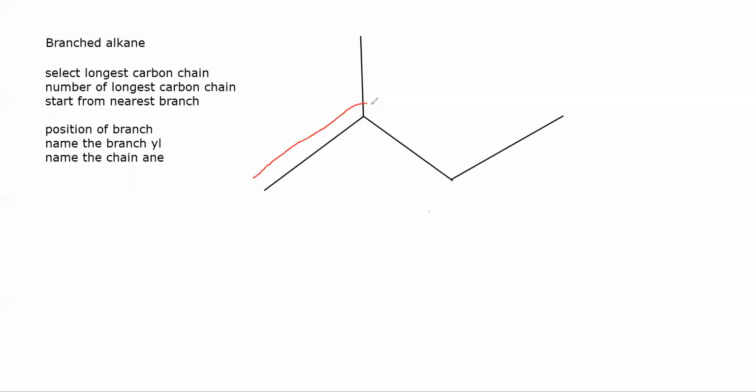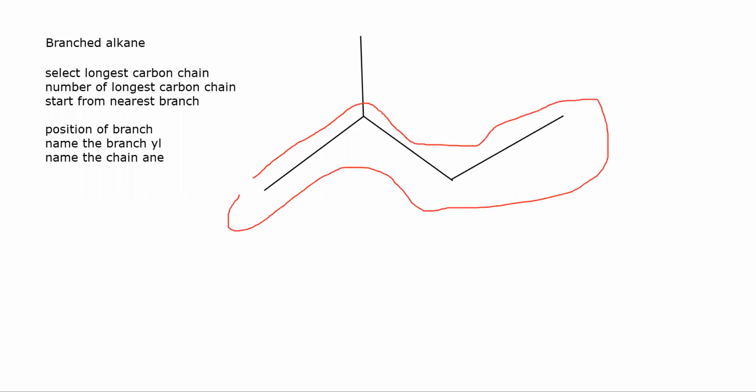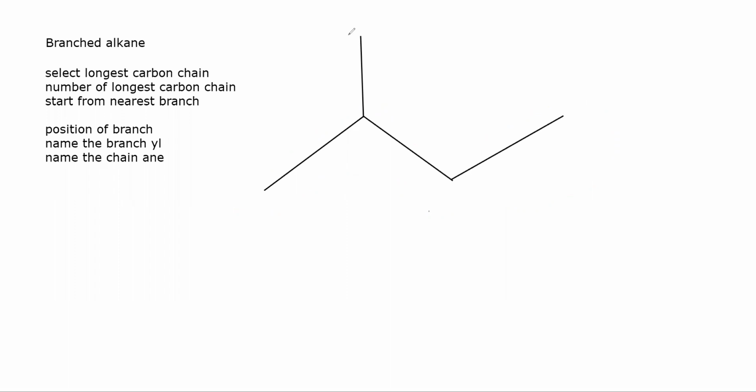You can see when I select in this manner, I have 4 carbons in my longest chain. When I select the other way around, I'm also having 4 carbons. So it shows that the number of carbons are the same, so it does not make a difference to the structure.